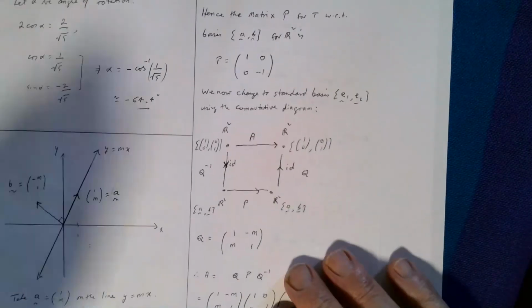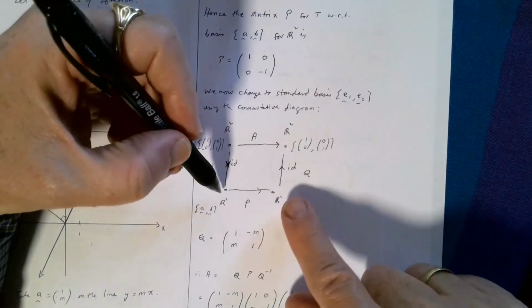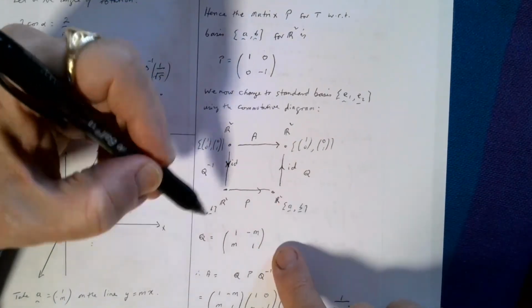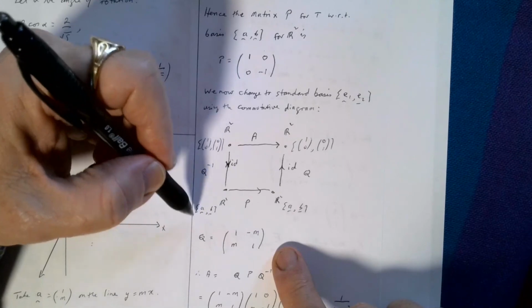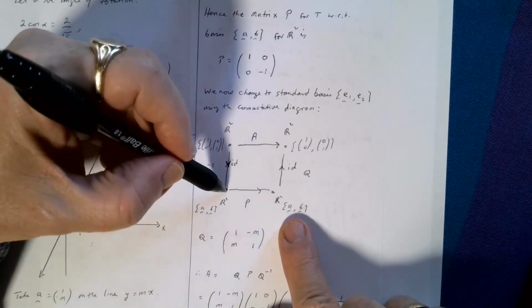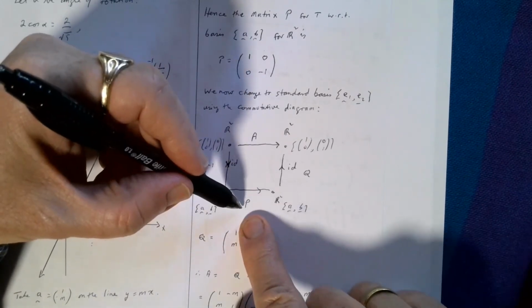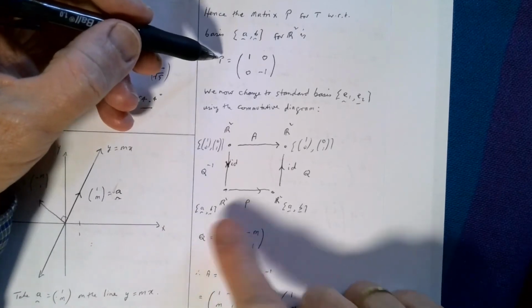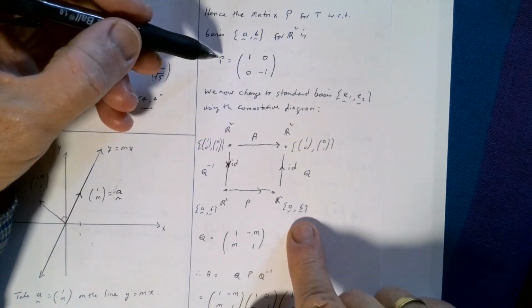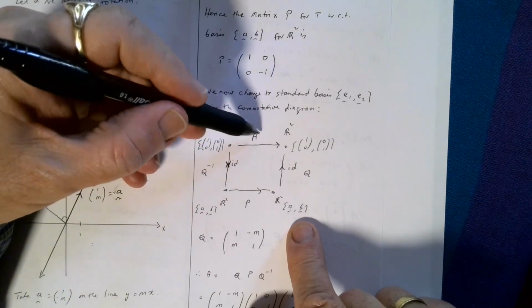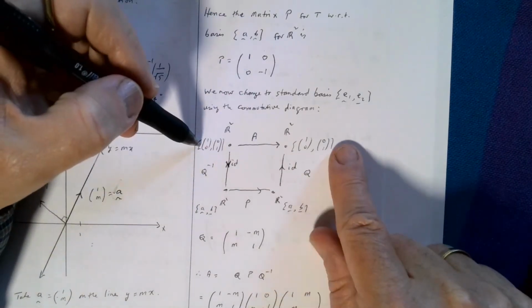So we imagine that we have two copies of R squared here. This one, we've got basis A, B both sides, and we've got a matrix representation, which is our P, with respect to these two bases. What we want is the matrix A with respect to the standard bases.